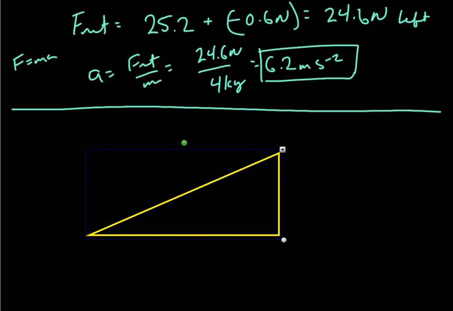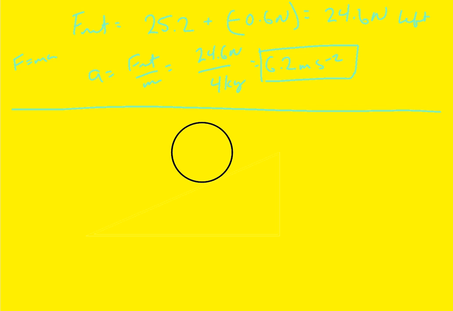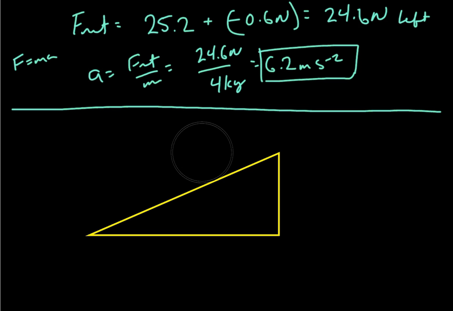Okay, so we'll try one more quick example. Let's just put a ball on a ramp, and we'll say that this ball is nearly frictionless when it's interacting with the ramp. Okay, so here's a ball on a ramp, and we want this ball to roll down the ramp, and let's give it a theta value of, say, 20 degrees.